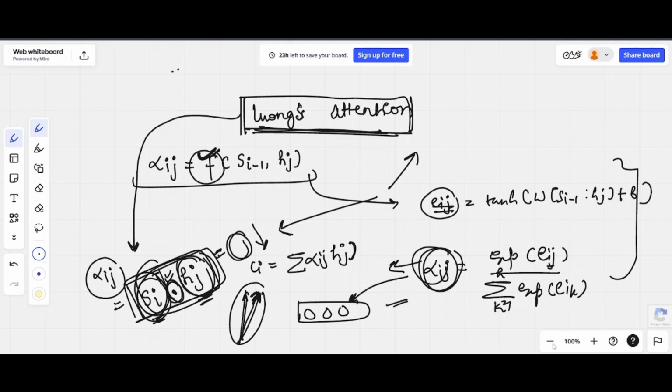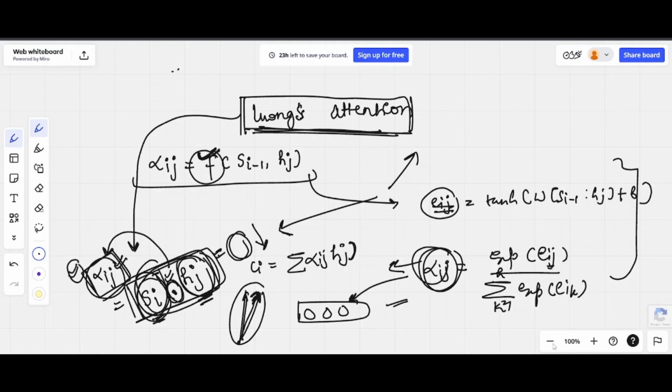And once you know how similar these two vectors are, we are equating that to our alpha_ij's. And why are we putting it equal to alpha_ij's? For that you need to understand what alpha_ij represents. We already discussed that, right?